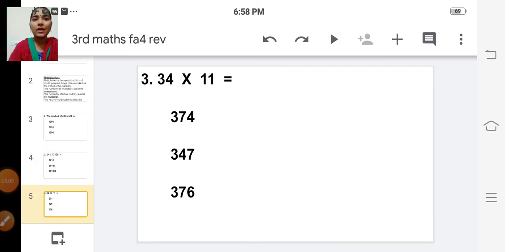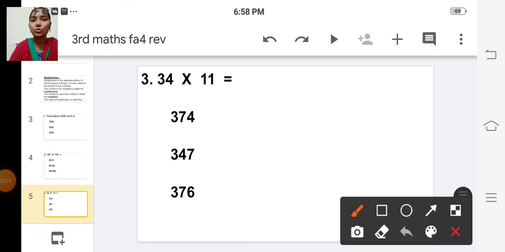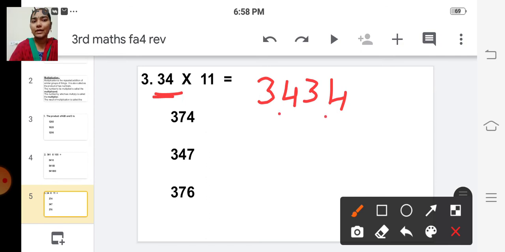We have to write this multiplicand 2 times, so write 34, 34.